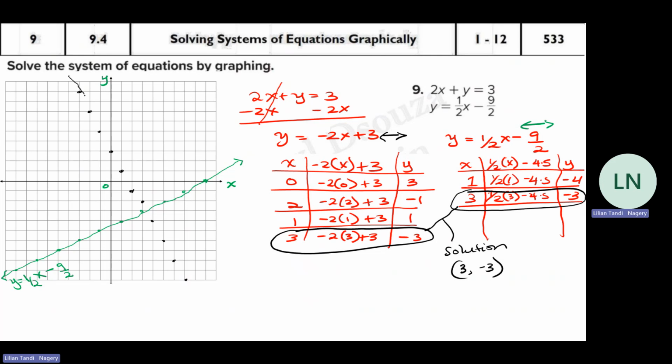And you join your points and put them in a straight line, and you label your graph. Nope. The equation starts with 2x plus y equals 3. Change this. How did I go from 0 to 2? I should not do that.